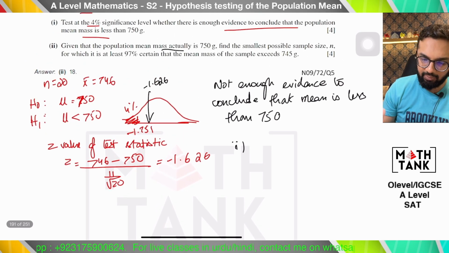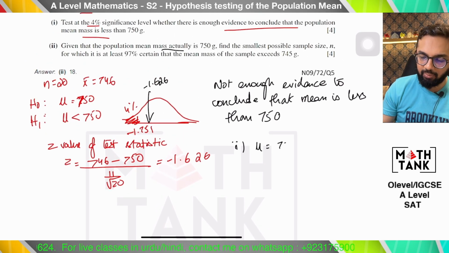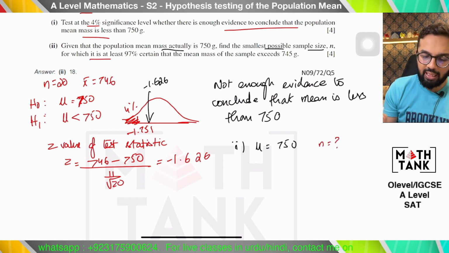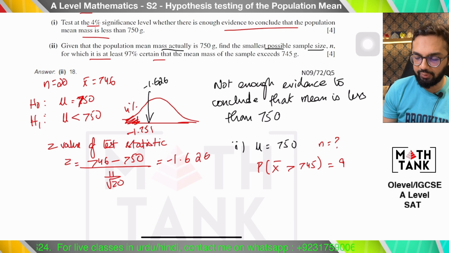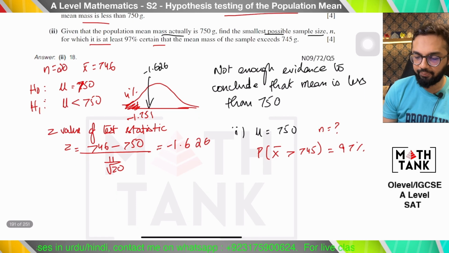What I'm asking you is to find the smallest possible sample size n, for which it is at least 97% certain that the mean mass of the sample exceeds 745. So I am asking you x bar is greater than 745 equals 97%.